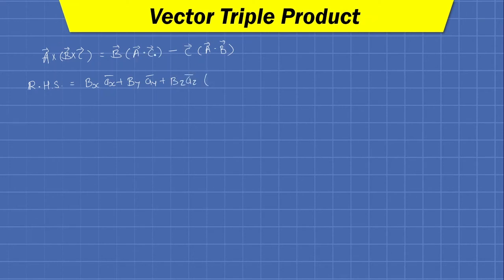The dot product of A bar and C bar will be AX CX plus AY CY plus AZ CZ, minus C bar, which can be represented as CX AX bar plus CY AY bar plus CZ AZ bar, and the dot product of A bar and B bar can be written as AX BX plus AY BY plus AZ BZ.